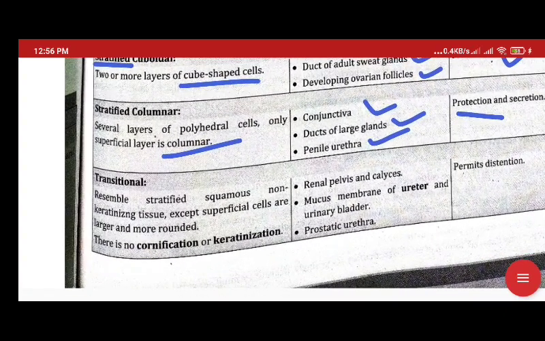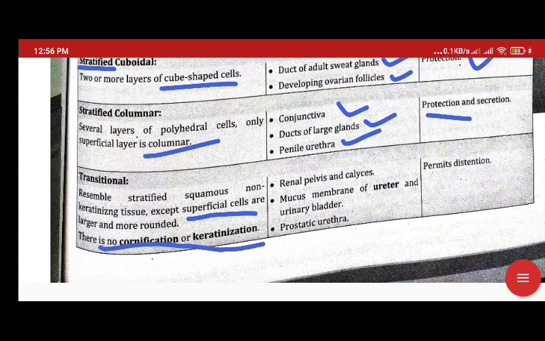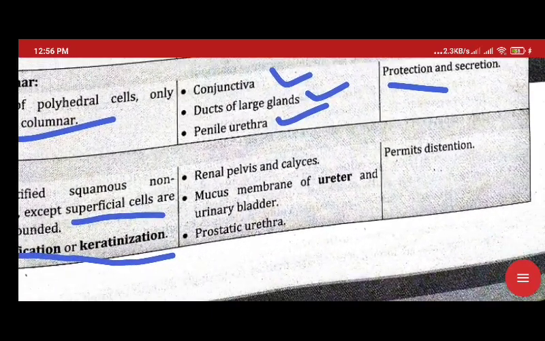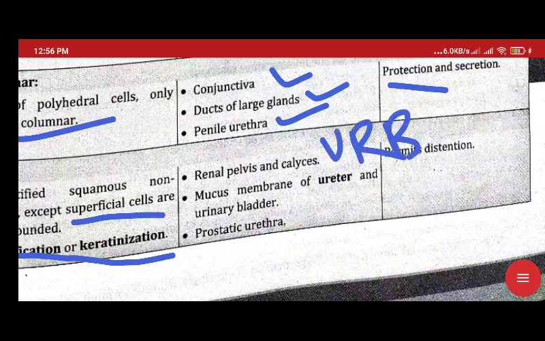Transitional means formation of cuboidal and columnar cells, and these two make the superficial cells. Here there is no keratinization. This is for the elastic nature. URB: urethra, urinary bladder, renal pelvis.